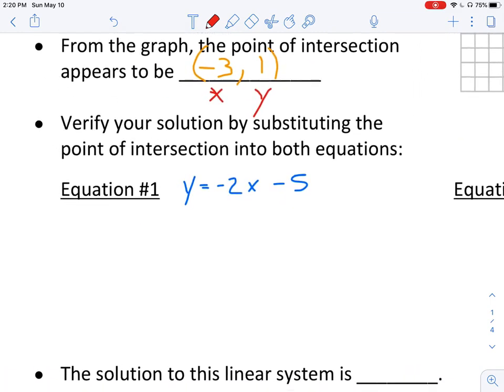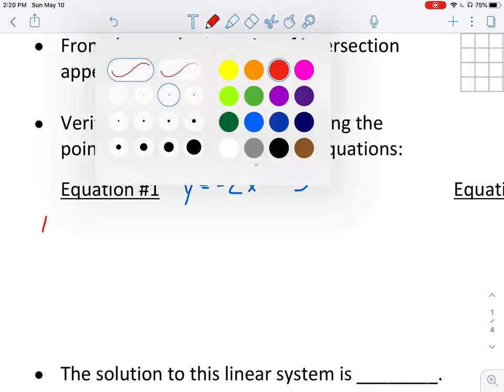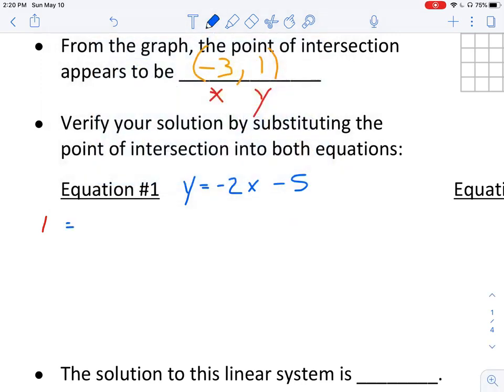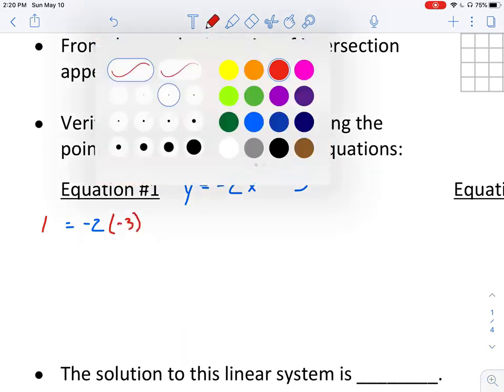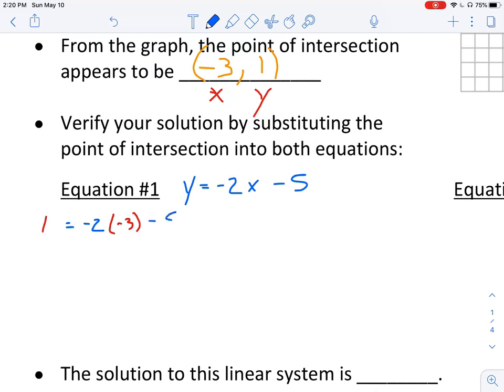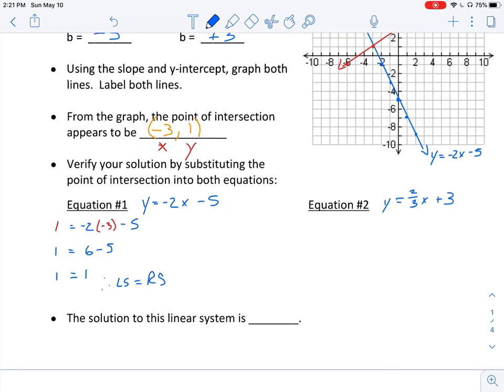So my y value is 1, equals negative 2 times my x value, which is negative 3, minus 5. Then I go ahead and perform the math. I end up having 1 is equal to 6 minus 5. 1 equals 1. Therefore, left side equals right side, or they're balanced out. So the one equation is balanced out.